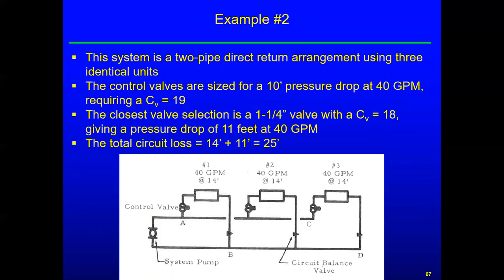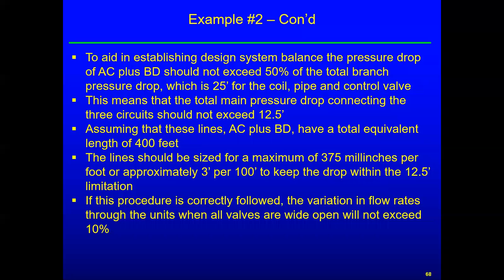He's left off the piping from B through the pump to A because that's common to everybody. So as far as balancing out the system, that doesn't matter. But the drop from AC to BD certainly does. And the rule of thumb is that it should not exceed 50% of the total branch pressure drop. Well, we've just sized the branch, and that's looking like it's going to be 25 feet.